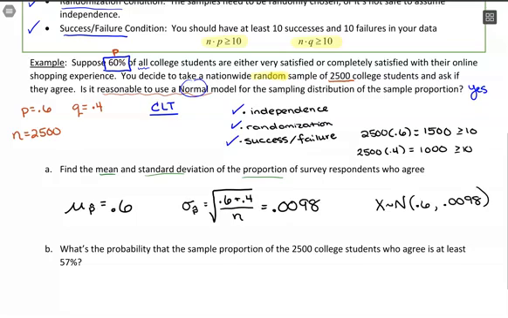A question I often get from students is that it can be kind of, I don't know if unsettling is the right word, but it could be concerning getting such a small standard deviation out. What you could think of is that really this is in terms of 60%, and this is like almost 1%. So on a scale of percentages that's about right. The numbers just look so small here because they're in the decimal form of percentages.